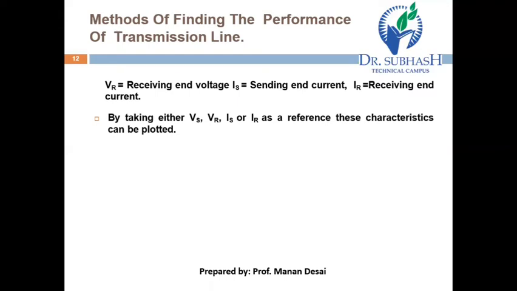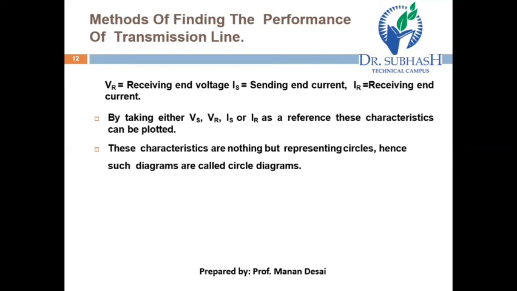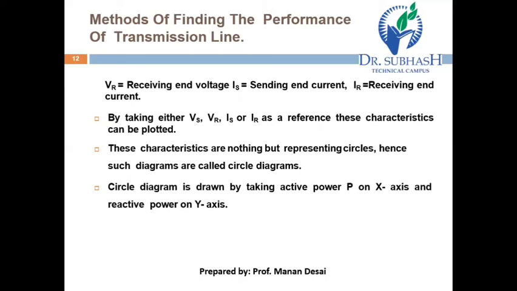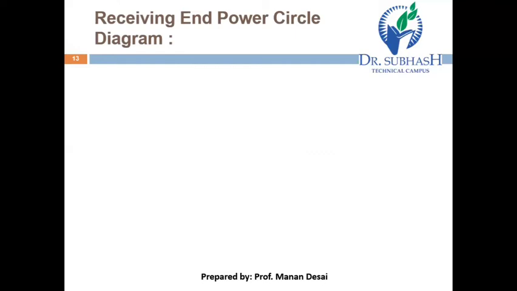By taking any one of these four components as a reference, these characteristics can be plotted. These characteristics are nothing but circles, hence such diagrams are called circle diagrams. A circle diagram is drawn by taking active power P on the x-axis and reactive power Q on the imaginary axis or y-axis.